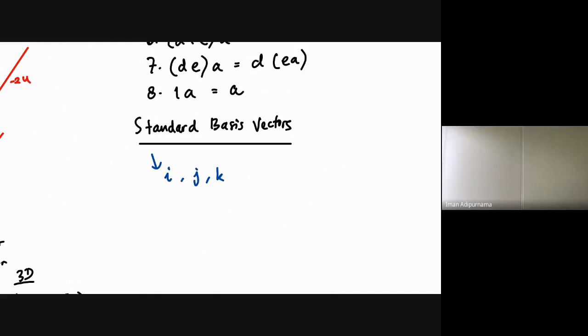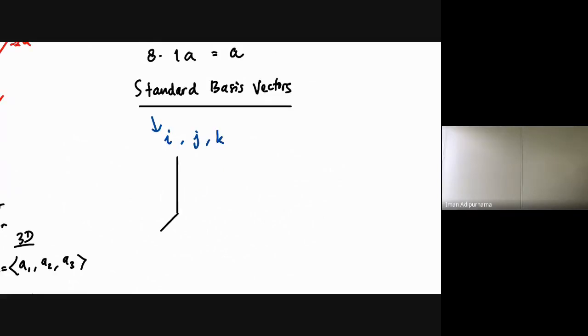Why do we need i, j, and k? Let me write the graph first. Okay. So this is what it looks like. So this is i, j, and k.